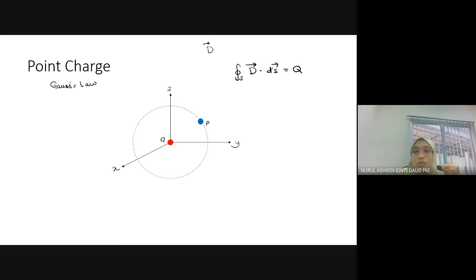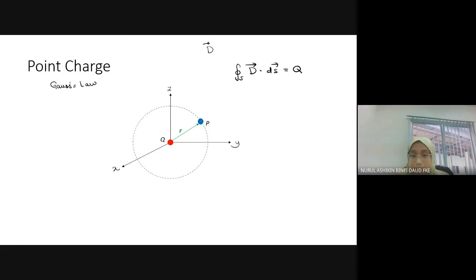Now let's look at the direction of D, because the electric flux density has a direction. We have a Gaussian profile with a spherical shape, and let's say the radius of this sphere from the origin to point P is symbolized as R. The direction of D is always normal, or perpendicular, to this Gaussian profile.